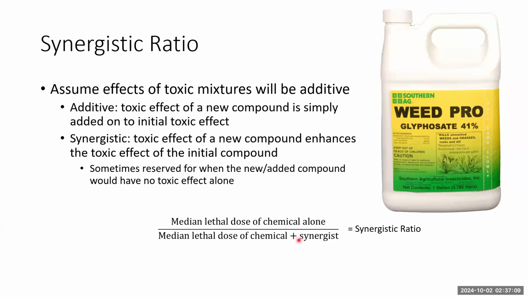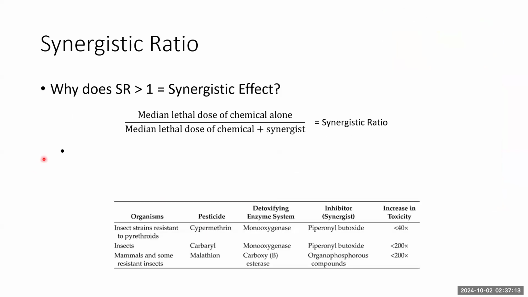So if some additional compound is going to be a synergist, i.e. a compound that amplifies the toxicity, then we would expect a synergistic ratio to be greater than 1. I think I have that backwards. I think that's supposed to be less than 1. I apologize.